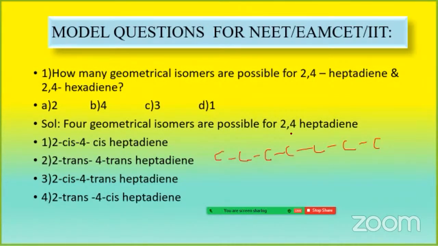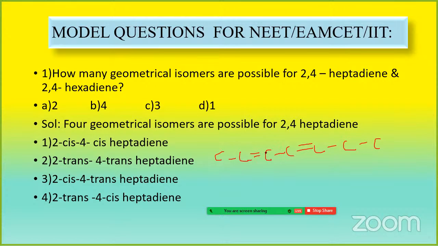So between 2 and 3 there is a double bond, and between 4 and 5 there is a double bond. First we have to take cis, which means on either side of the double bond, the same similar group should be present.